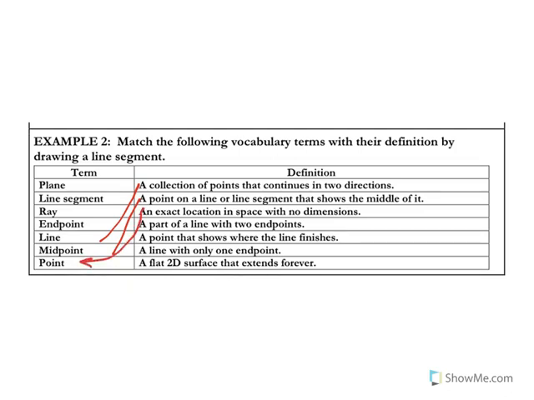A part of a line with two endpoints, that's going to be our line segment. A point that shows where the line finishes, that's going to be your endpoint. A line with only one endpoint would be a ray. Good job. And a flat 2D surface that extends forever would be a plane.